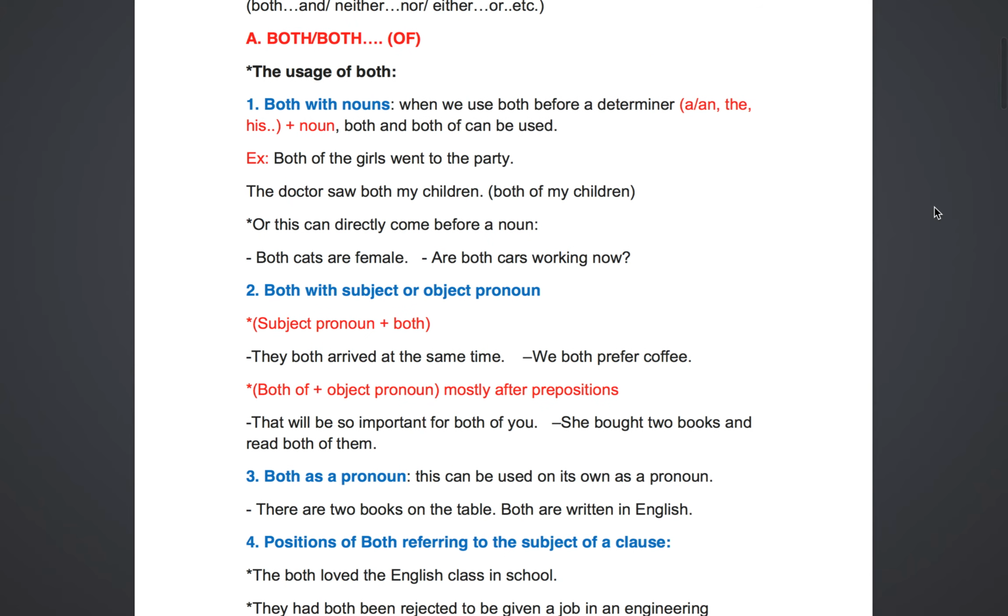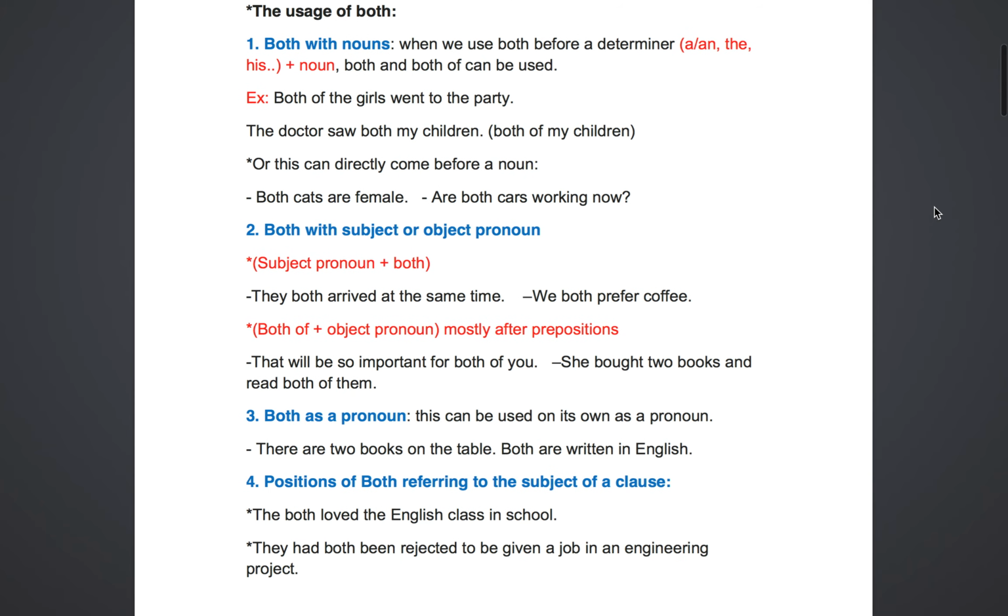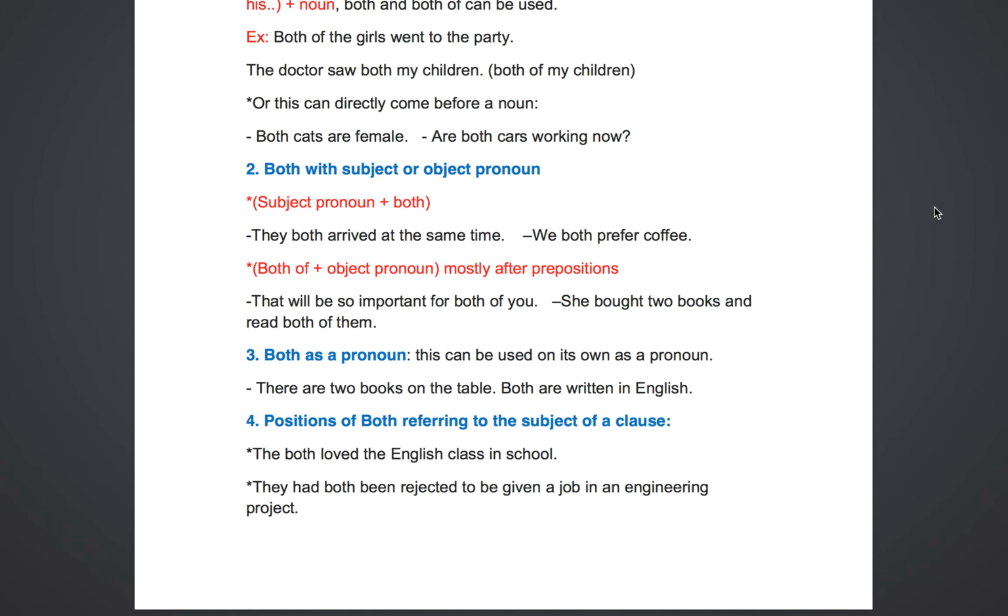So please be careful and listen to me. Both can be used with nouns, as a subject or object pronoun, and as a pronoun.